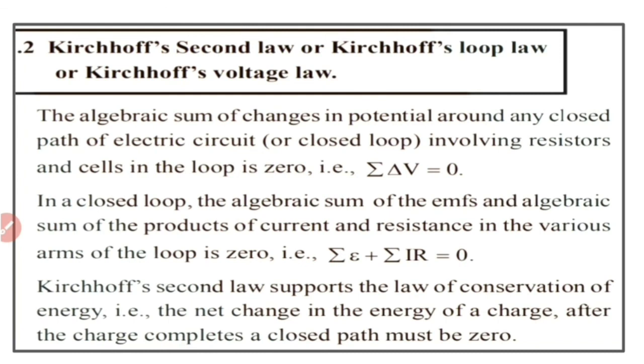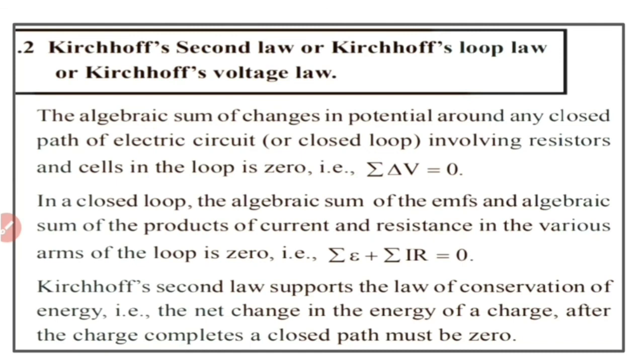Summation delta V here means the potential difference across the cells and across the resistors. When we write it separately, we have summation epsilon plus summation IR is equal to 0, where summation epsilon is the sum of EMFs and summation IR is the sum of potential differences across each resistor. So that is equal to 0.